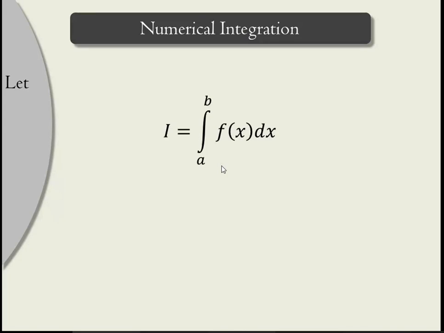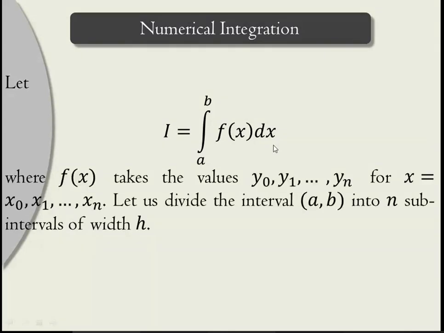If you are given the integral from a to b of f of x dx, and we know the value of the function f of x for different values of x, say x0, x1 up to xn, these are equispaced values, and the difference between any two successive values of x is h, that we call the width.